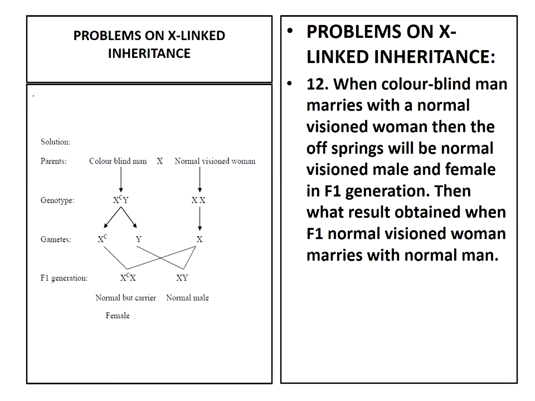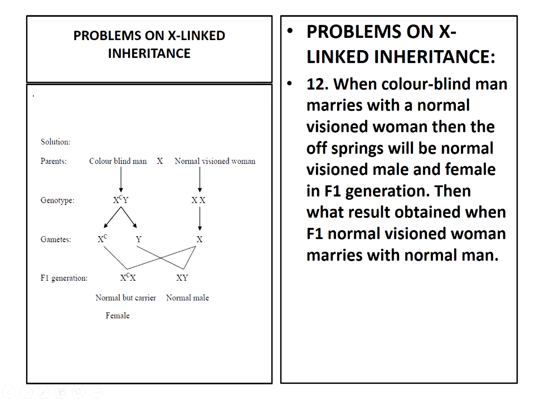Next, let us move on to the problems related to X-linked inheritance. First problem: when a color blind man marries a normal visioned woman, then the offspring will be normal visioned male and female in the F1 generation.